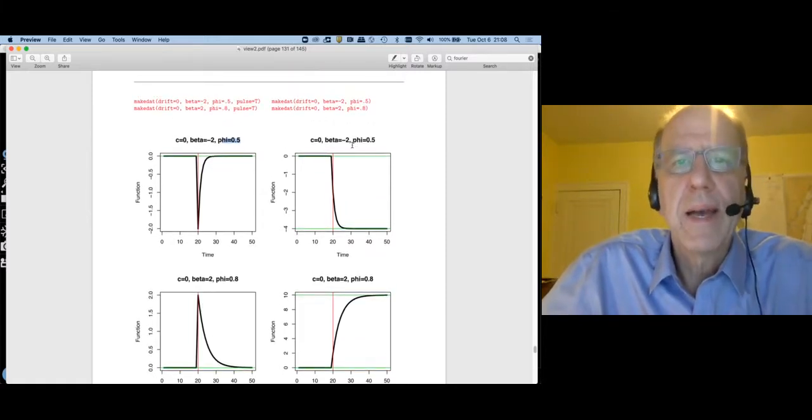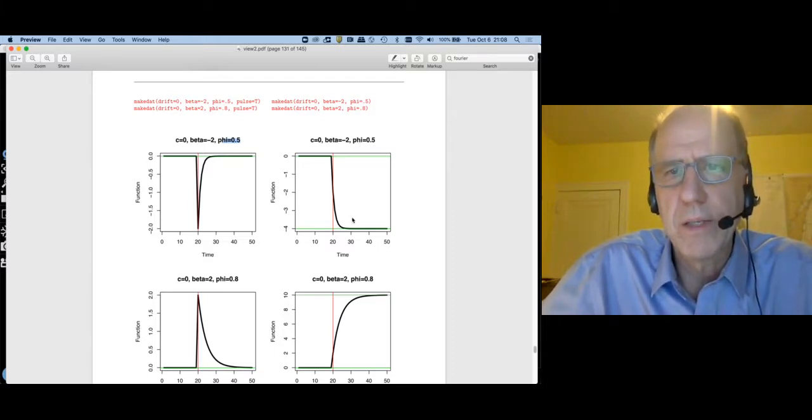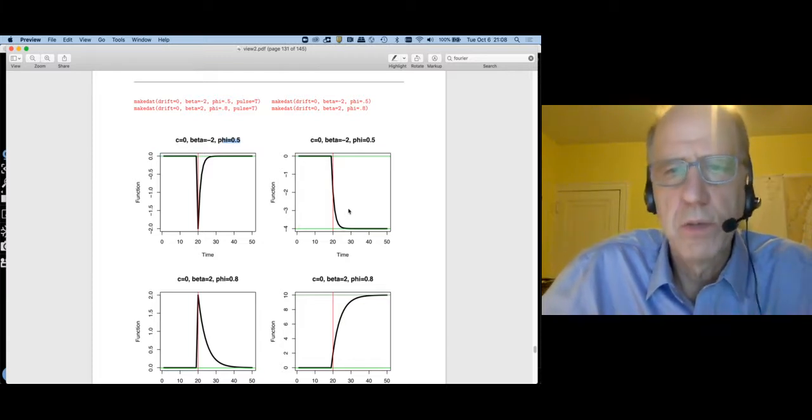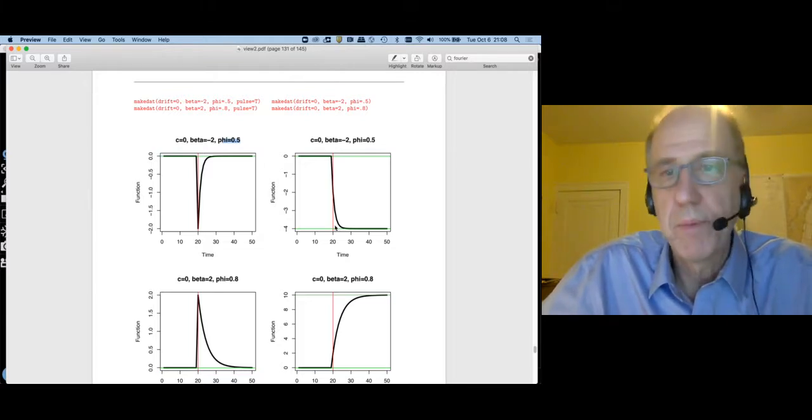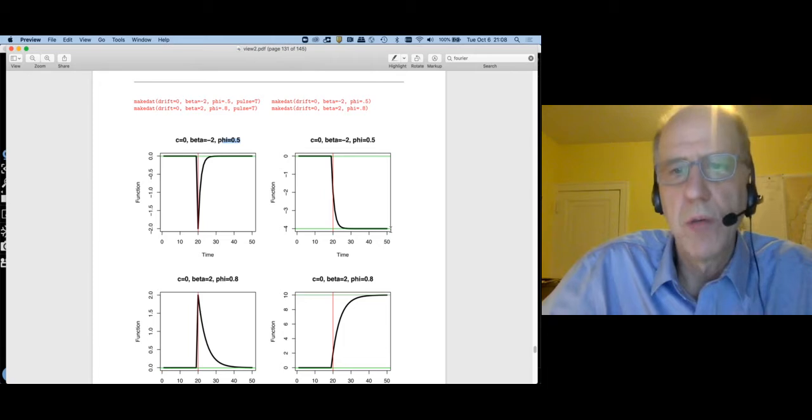Let's go see what's going to happen if I have a step function. So the functions on the right are where we make a change to advertising at time period 20, or maybe our competitor does something to us at time period 20. Anyway, what happens is our sales go from here and then they gradually go down to this new level.